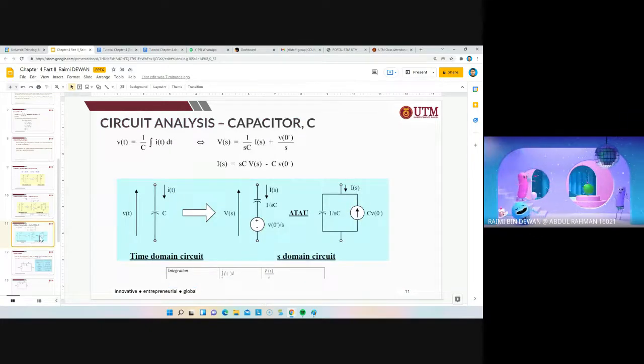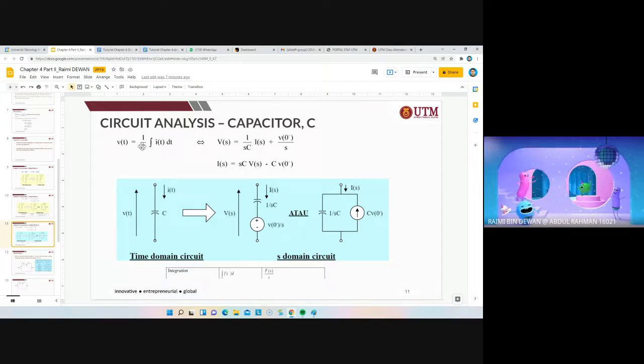For circuit analysis of the capacitors, I believe you learned this too, probably in circuit theory as well, before this class. So v(t) equals 1 over C times the integral of i(t) dt. So this is the capacitor. 1 over C is a constant.